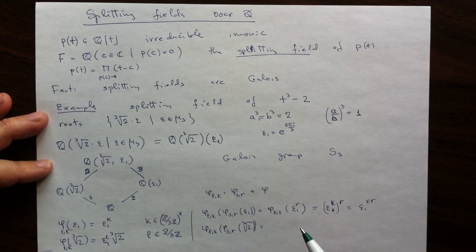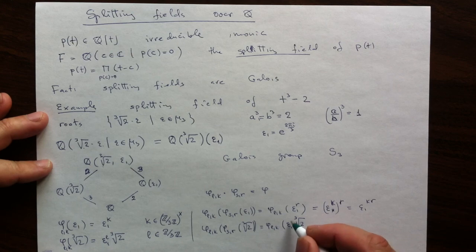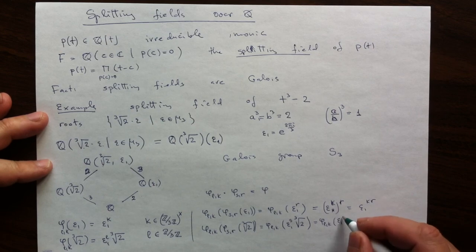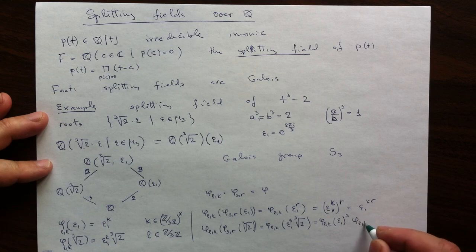So first we applied our first automorphism, and that is the recipe for it. So the result will be still the cubic root of 2 shifted by the power of our epsilon 1, and the power will be this S power. And then we have to see separately what the second automorphism does to each of those factors, or maybe even put the S power outside of the second automorphism.